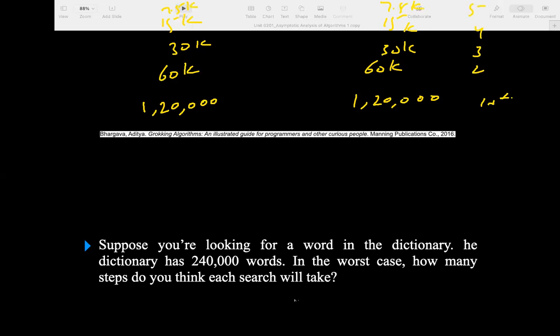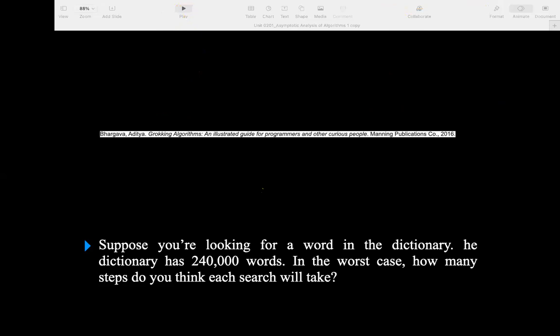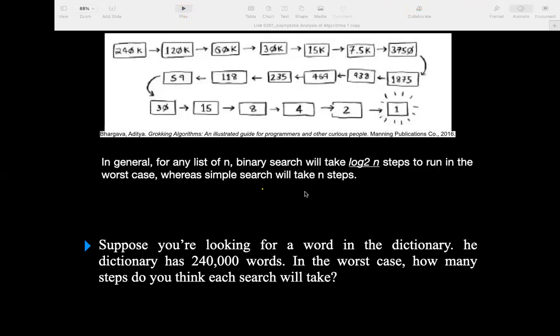I will not write all of these down, because I have the picture here. We'll look at the picture. Here it is. We have 240,000 values, and in the next step they become 120,000, then half, 60,000, then half, 30,000, then half, 15,000, then half, 7,500, then 3,750, and so on, and finally we get to the correct word.